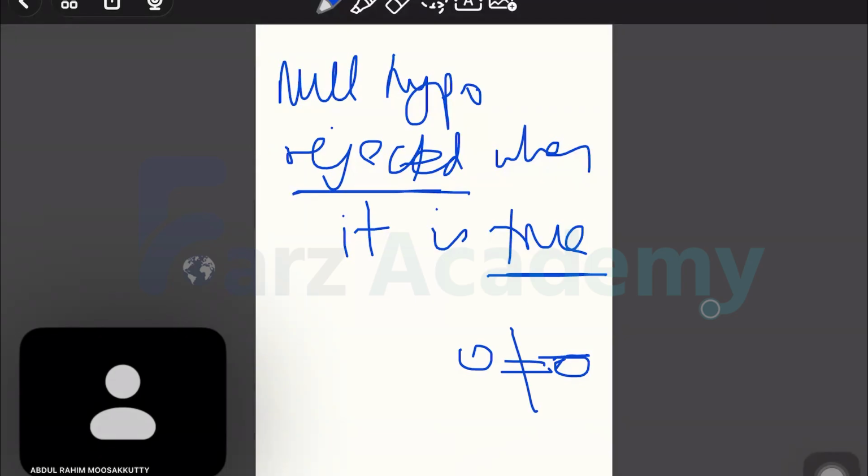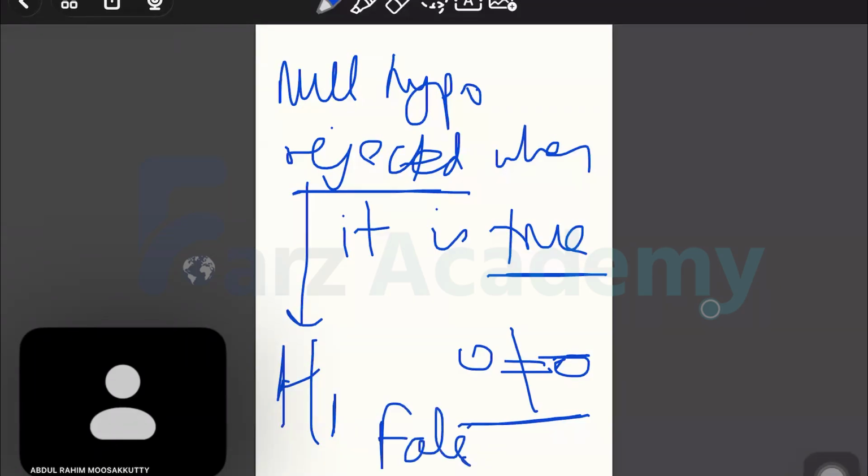That means I find a difference between the two. Null hypothesis rejected means I am going to accept alternate hypothesis. That means my study is showing a difference between the two groups, when it is actually not there, right? That means in short, I can tell it is false positive error.